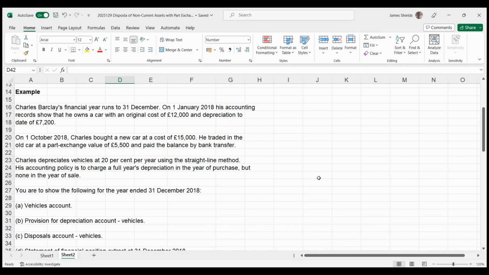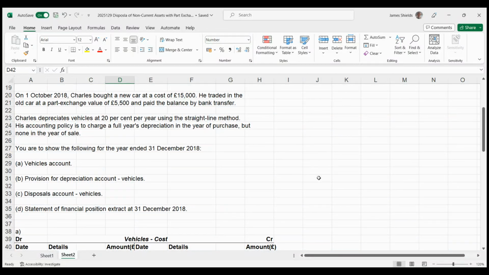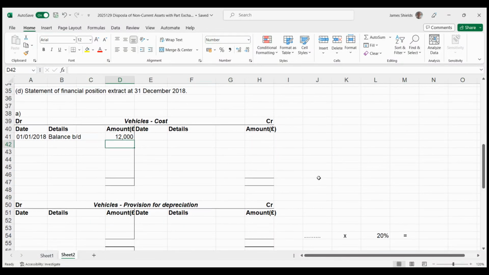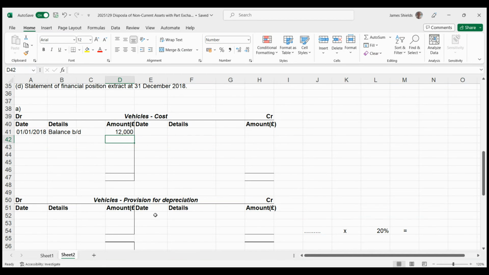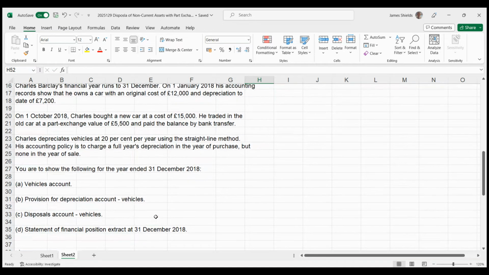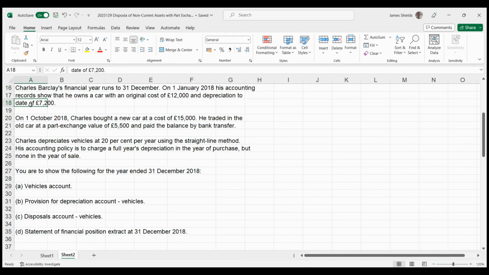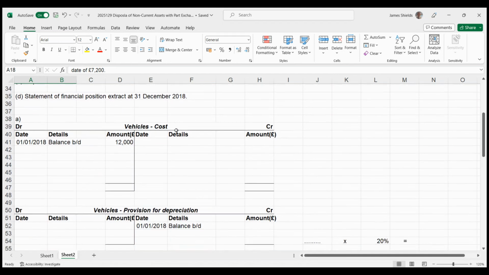So the depreciation goes in the provision for depreciation account. Again, it's the start of the year. Depreciation provisions are on the credit side. So it's the 1st of January 18, balance brought down. And the amount, just checking, was £7,200.